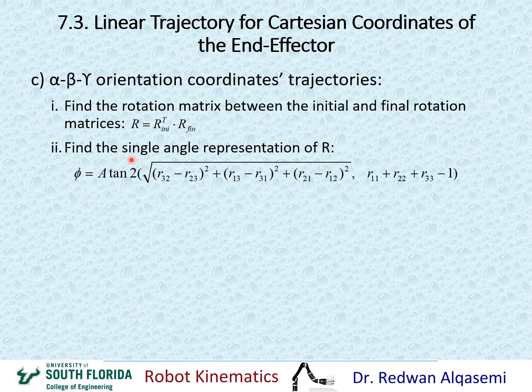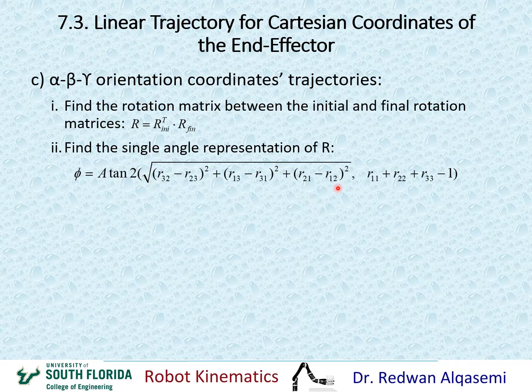The second step, find the single angle representation of R. Once we have R, we can just substitute in the elements of R in this equation. This equation finds me the single angle, which I called here phi, which is A tan 2. Again, this equation is in MATLAB, A tan 2, and it has two arguments.